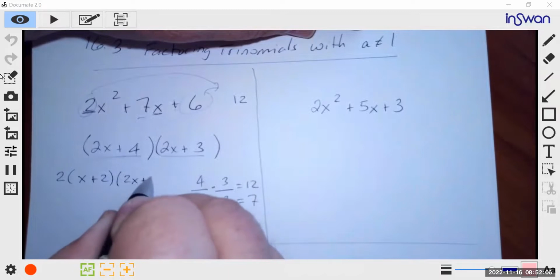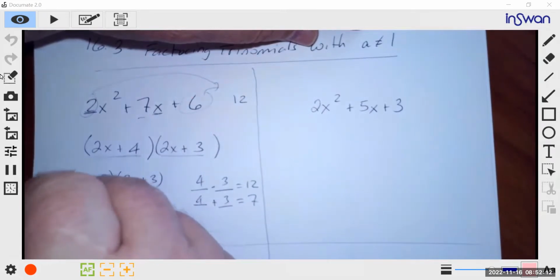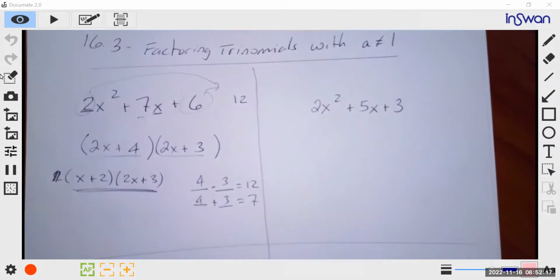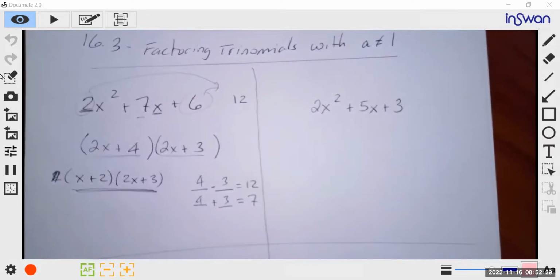No. Whatever we factored out, we delete it, and there's our answer. That's our factor. All right, do the next one. We have a whole bunch of these. I'm going to give you a ton of practice on these.